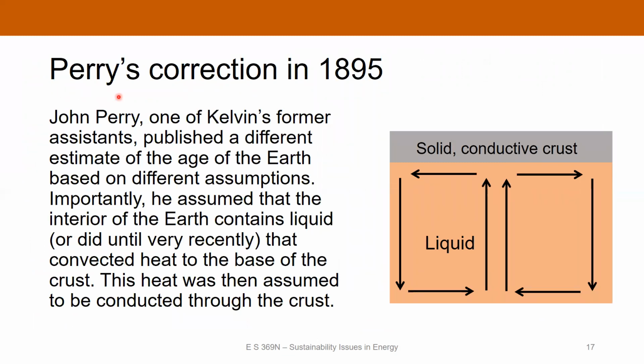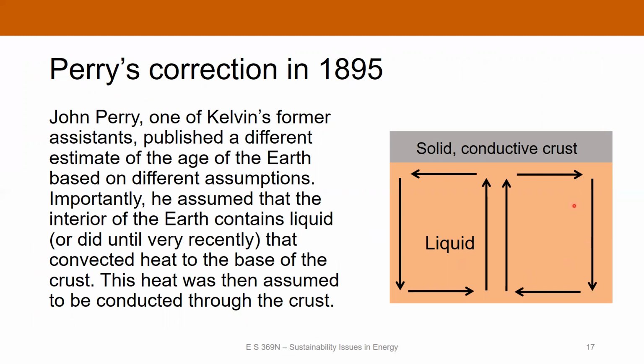So John Perry in 1895 published a different estimate of the age of the Earth. Perry was actually one of Kelvin's former assistants. And he assumed in his work that the interior of the Earth was liquid that actually convected, and it carried heat to the base of the crust.